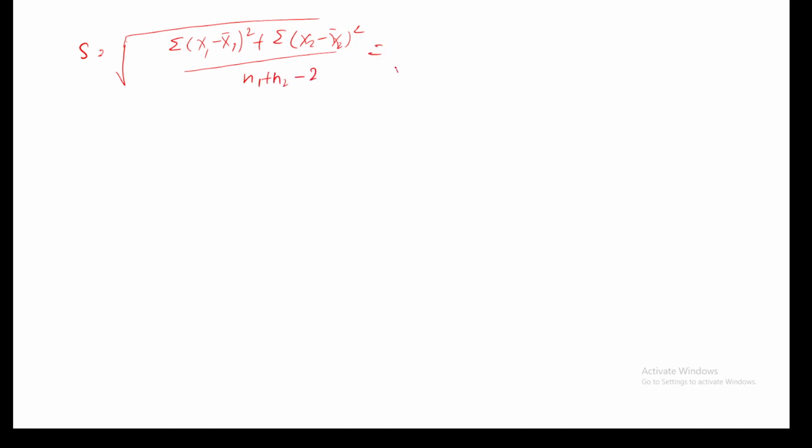What was the first one that came? Summation 380 plus 1410, by 25. Can anyone tell this value?